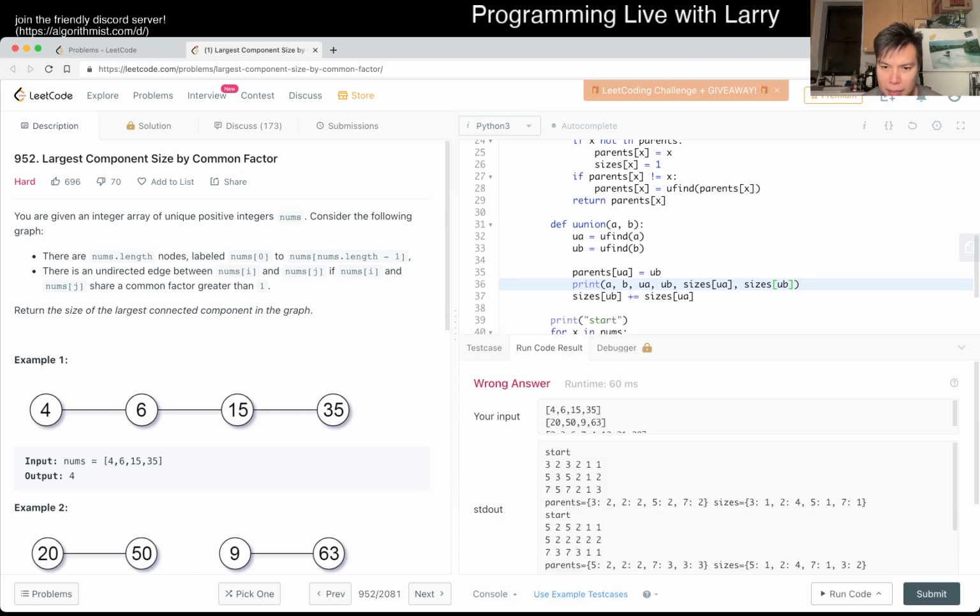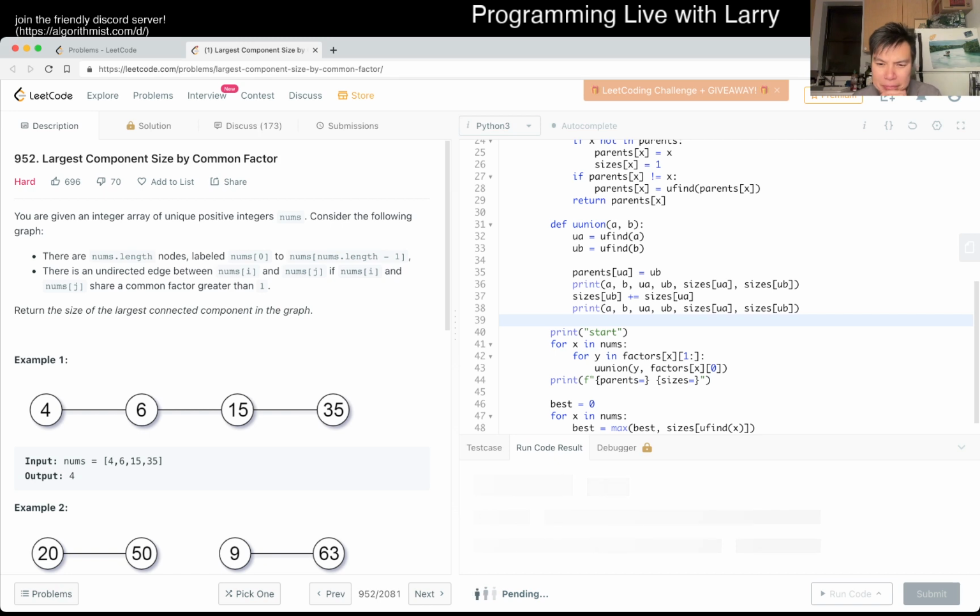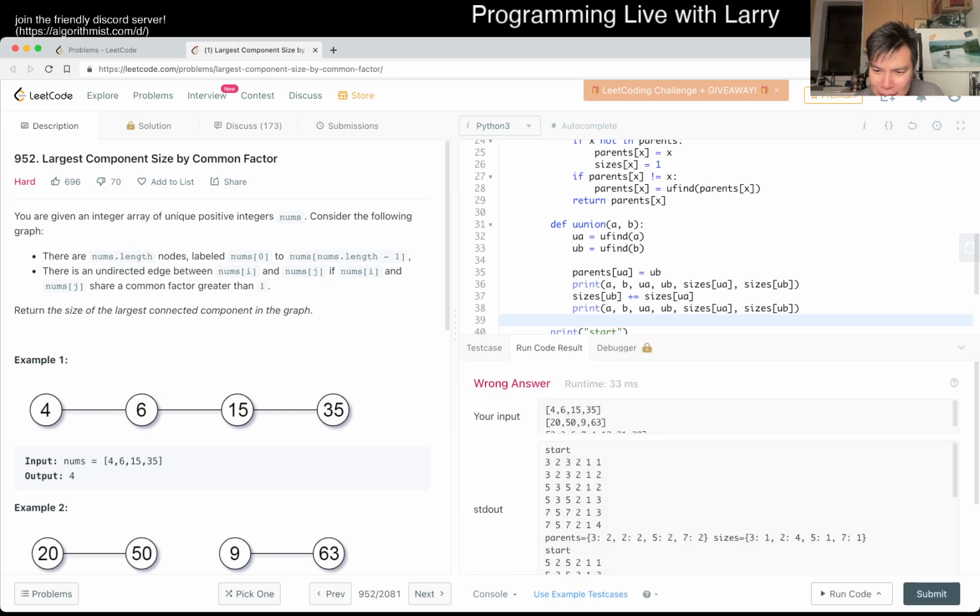Okay, so AB 1, right? Yeah. And then sizes of UB. How did we lose some information here? Oh, no, the size is right.